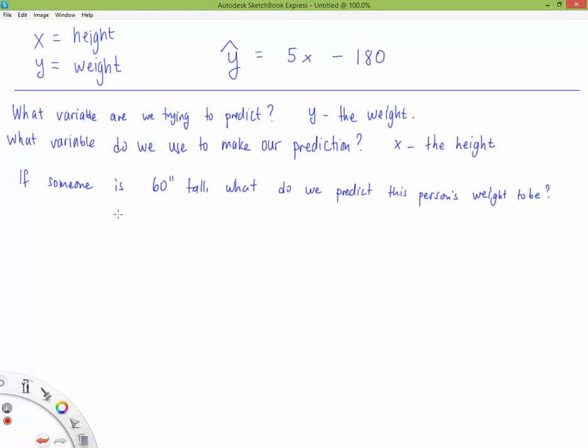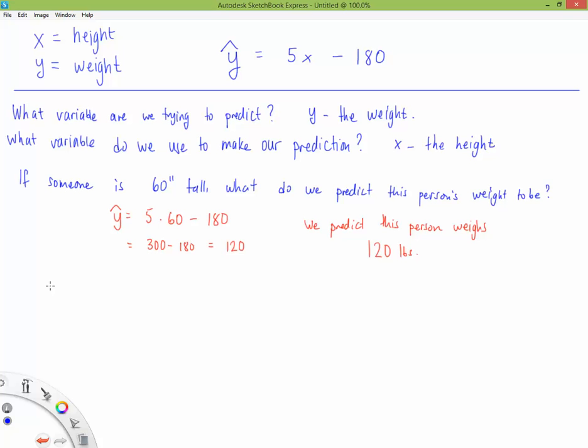We would do y hat is equal to 5 times 60 minus 180. I get 300 minus 180 equal to 120. So we predict this person weighs 120 pounds. You just plug in 60 right here for x.